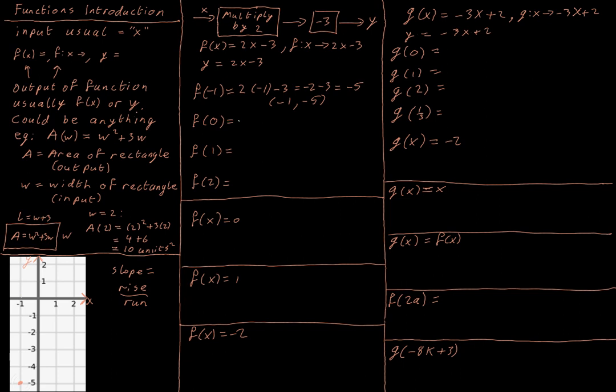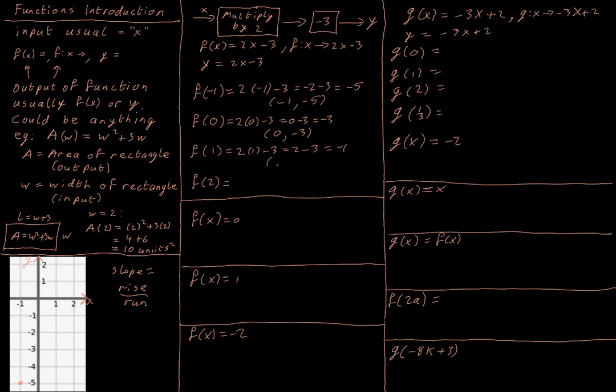F of 0 would mean 2 by 0 minus 3 ends up being 0 minus 3 is -3. So the coordinates of that are going to be in the door 0, down the stairs or up the stairs -3. F of 1 means 1 goes anywhere there was an x. -3, so I have 2 minus 3 is -1.